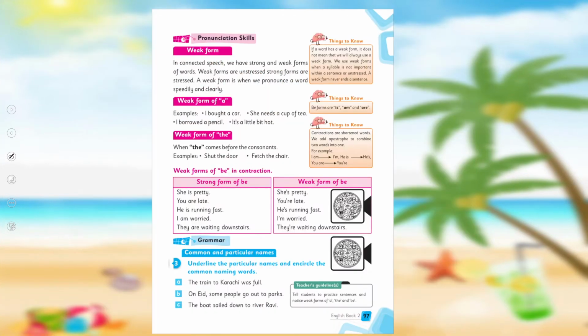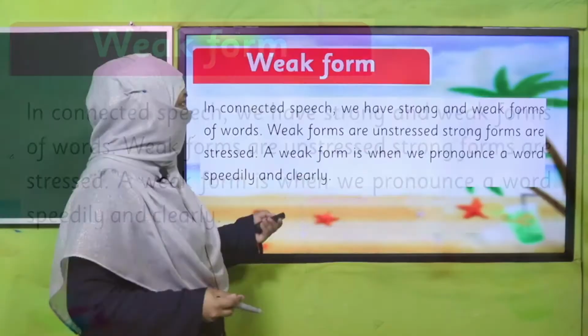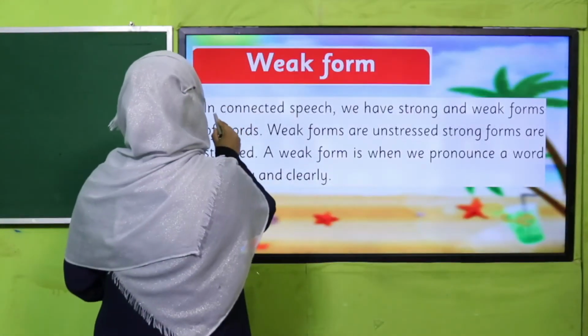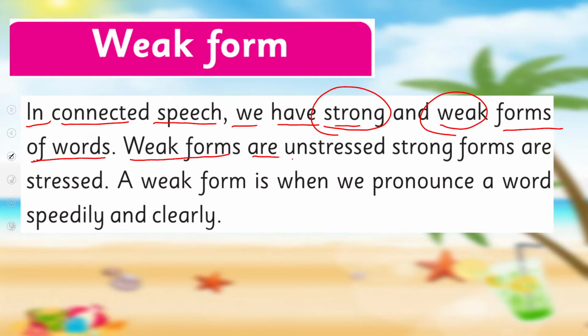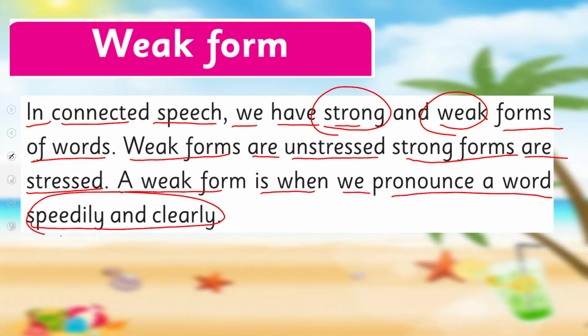So let's see what does your book say about it. All of you open your book. Let's find out what's written. In connected speech, we have strong and weak forms of words. Weak forms are unstressed, strong forms are stressed. A weak form is when we pronounce a word speedily and clearly, right?